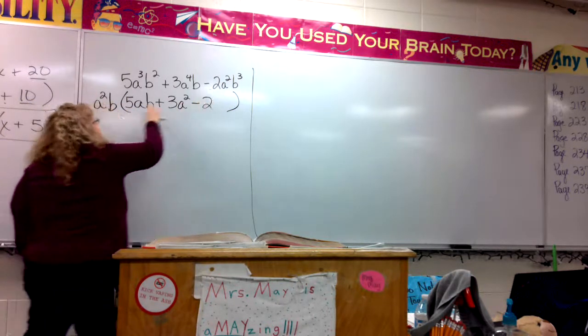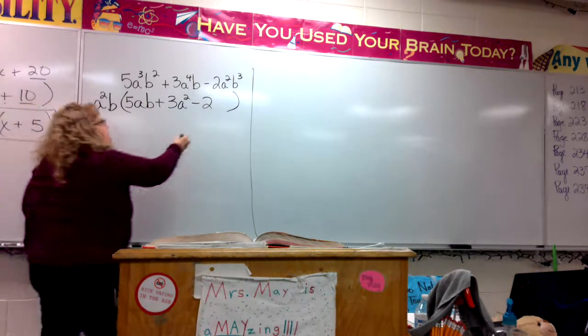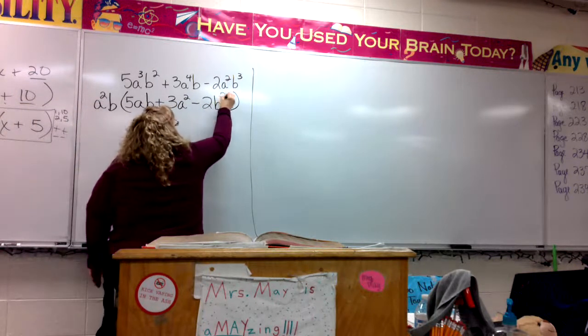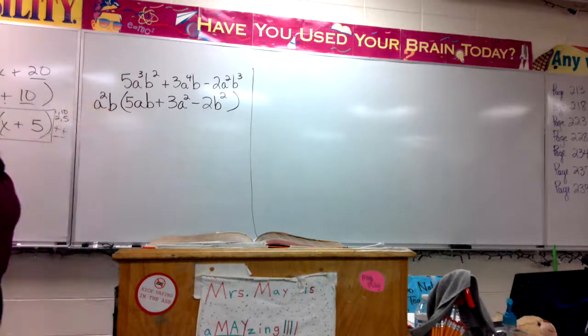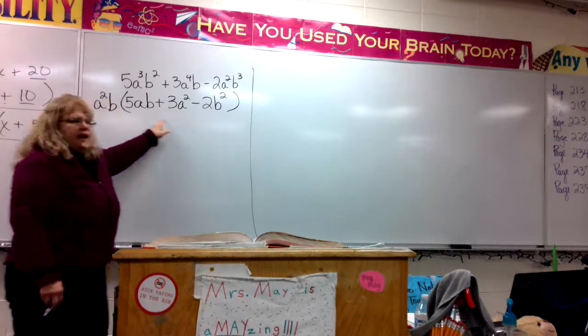I had 3 B's and I took only 1 out, so how many are left? That's what we have so far after we take out the a squared b. Now, this thing, we're going to see if we can factor that.